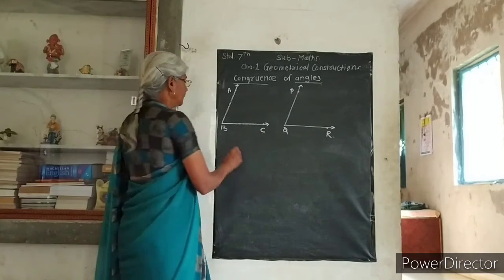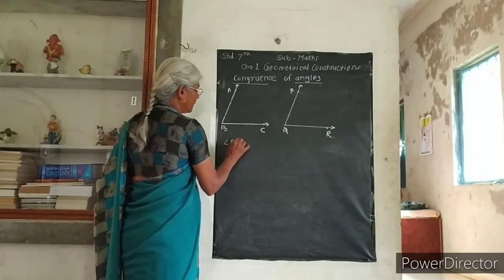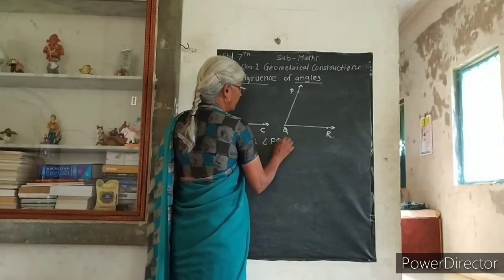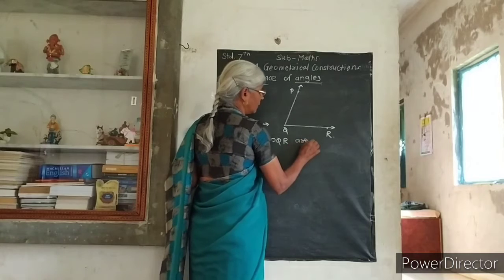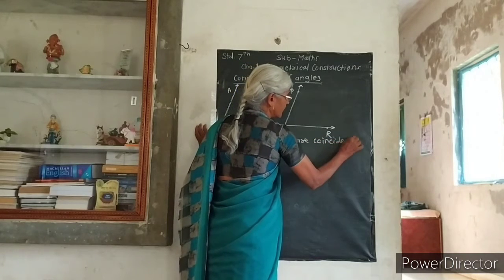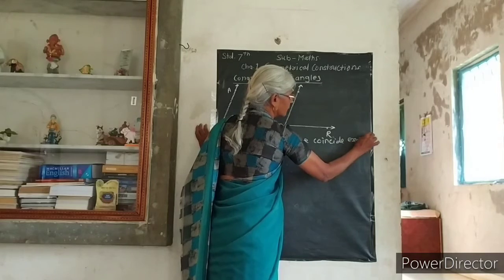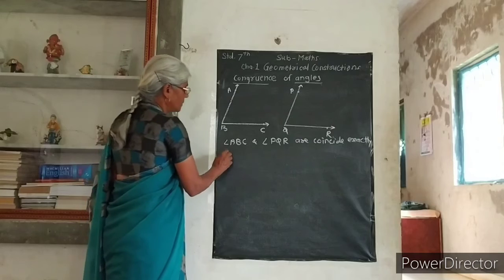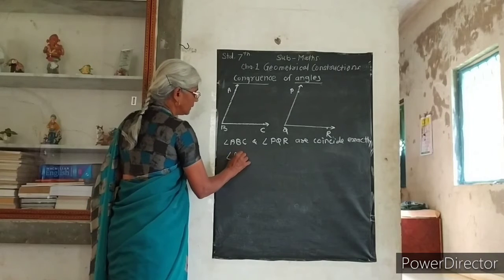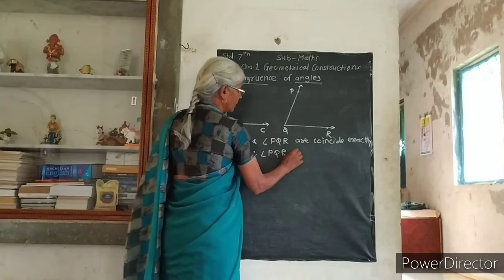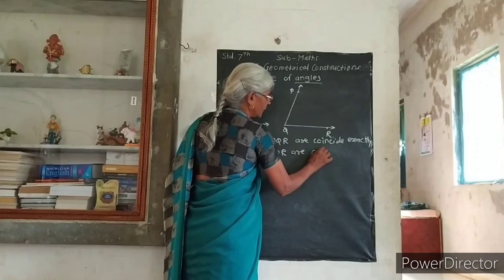Means angle ABC and angle PQR coincide exactly. Means angle ABC and angle PQR are congruent.